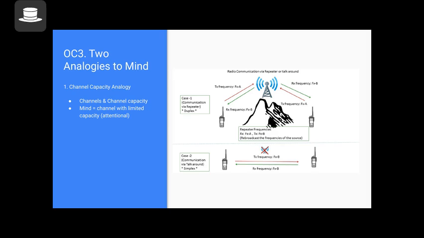And these two analogies are specific to what they learned from those scientists. The first analogy is the channel capacity analogy, which is a direct result of psychologists working with and learning from the communication engineers about this construct that we'll talk about now.